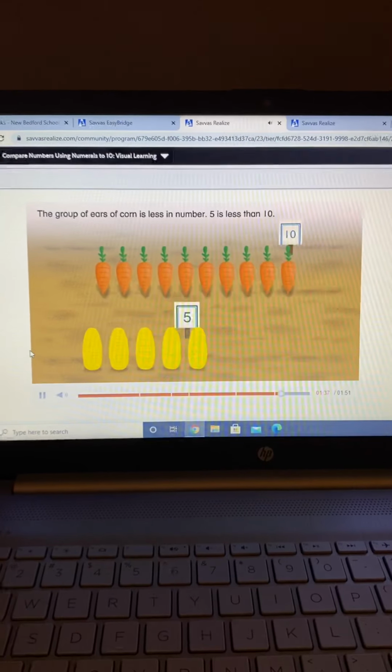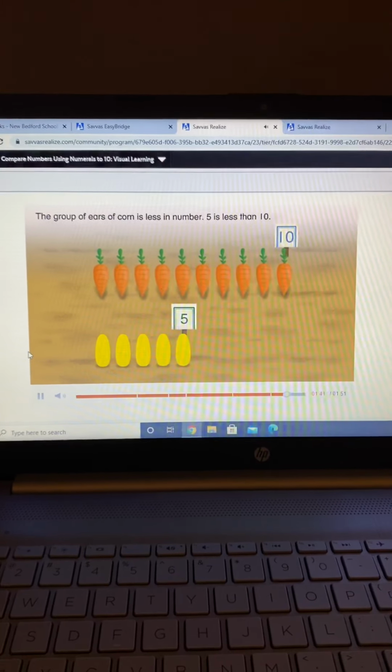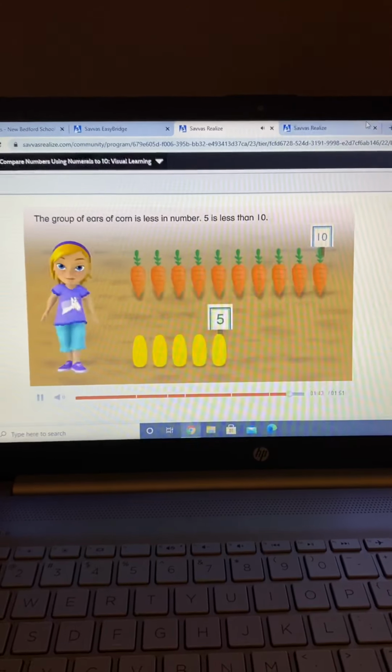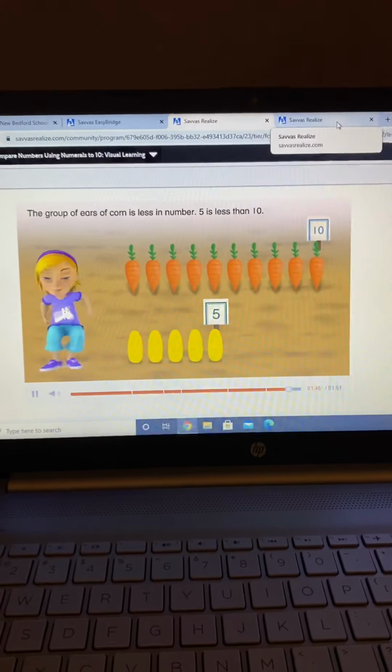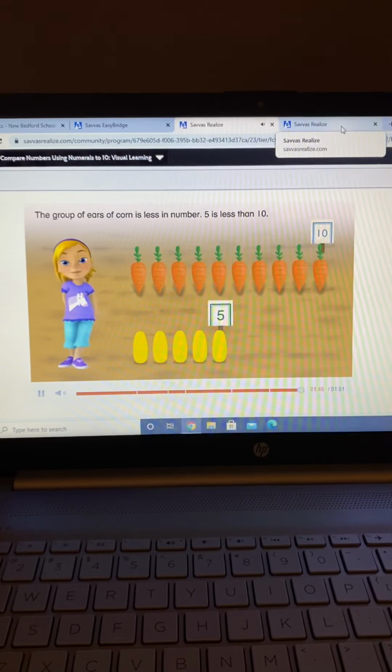The group of ears of corn is less in number. 5 is less than 10. You compared numbers. Nice job.